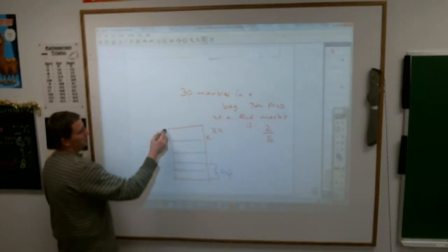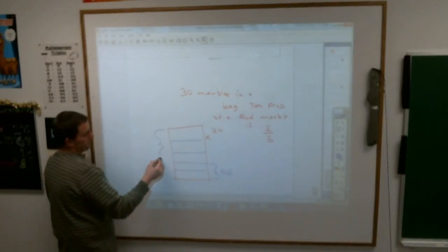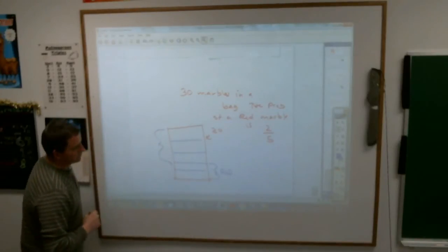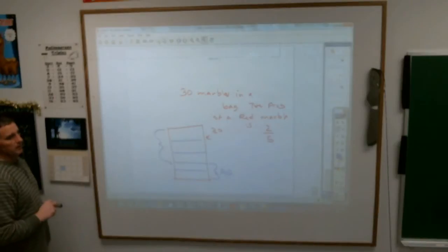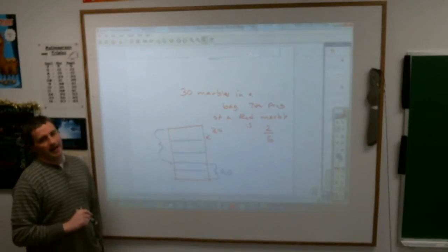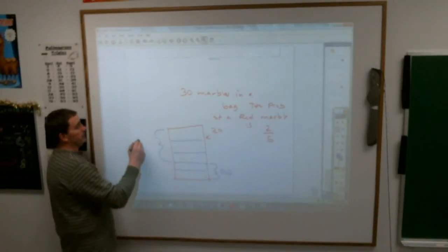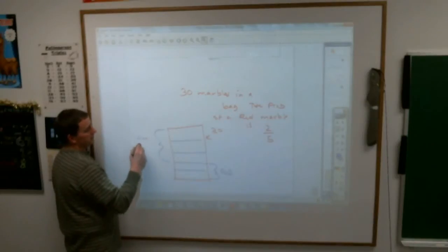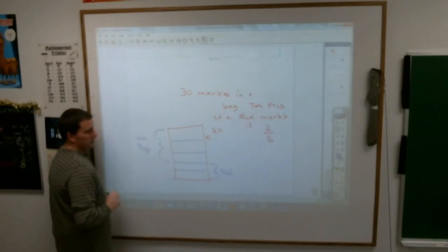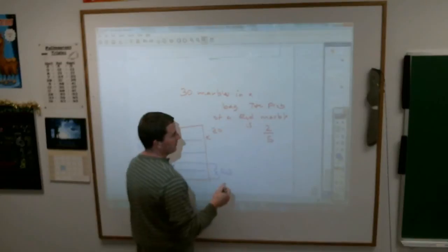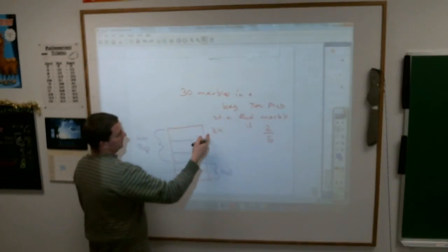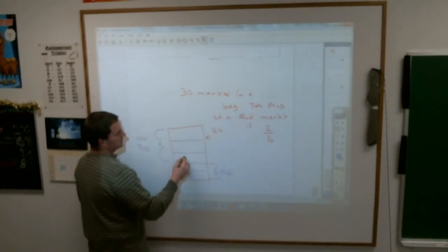What are the other 3/5? You don't know what color, but you know what color they're not. They're not red. By the way, that is what you call the complement. You talked about complements before. So if you divide 5 into 30, each one of these is 6.